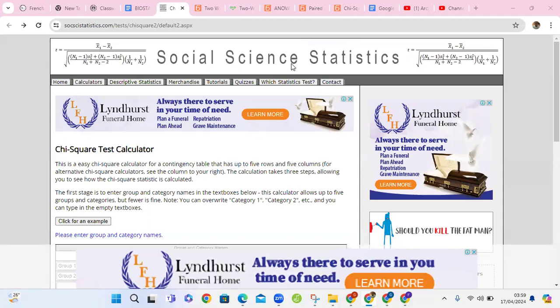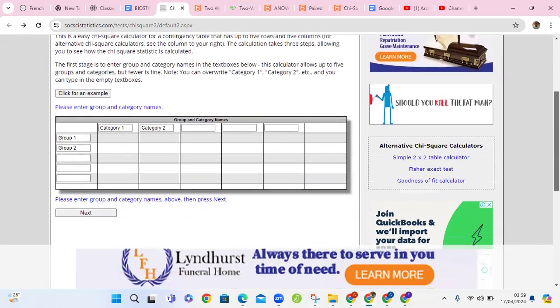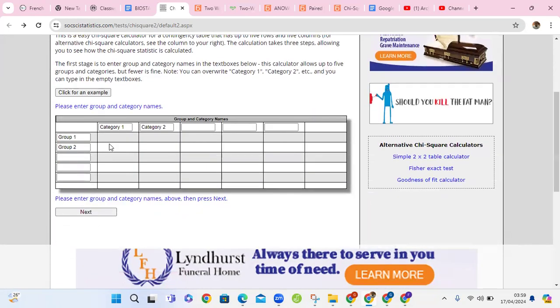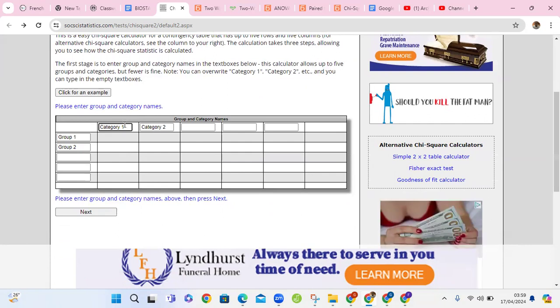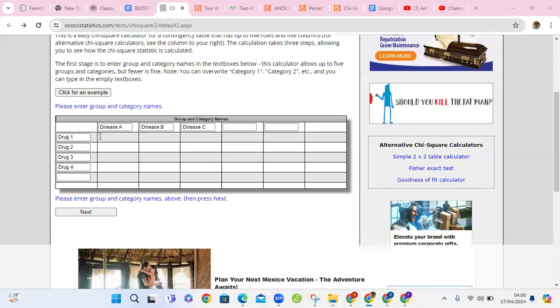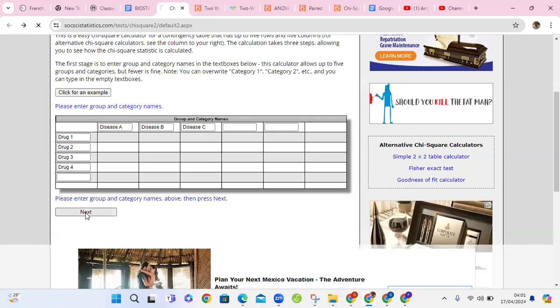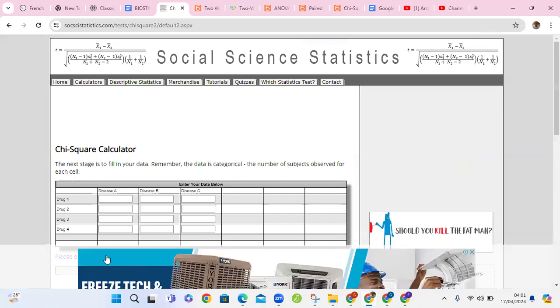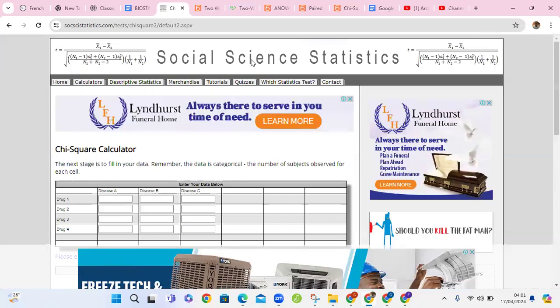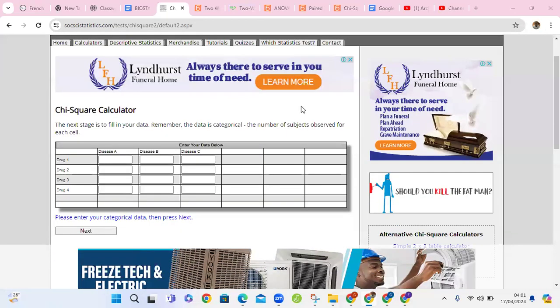So let's try the Social Science Statistics chi-square test calculator. Here's the contingency table. Please enter the groups or categories. So this is A, B, C, and D, and drug 1, 2, 3, and 4. We have labeled the rows and the columns. Next, input the data. Here we enter the frequencies, how many of them.